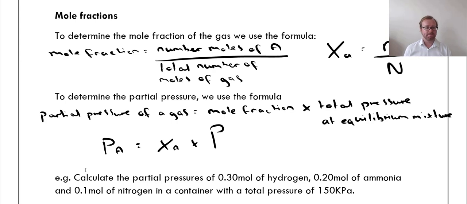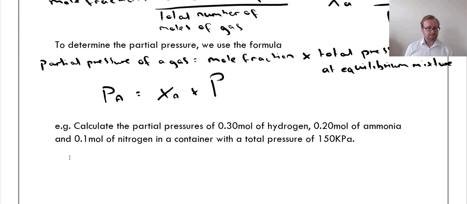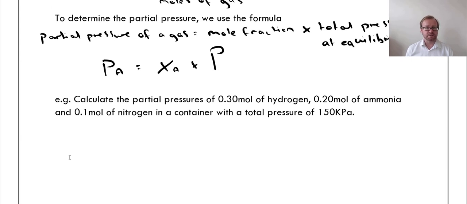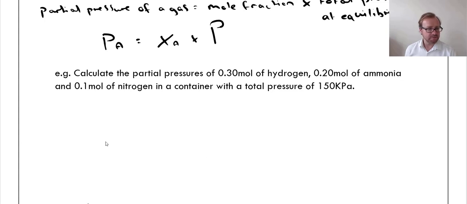Make sense so far? Okay, so I'd like you to have a go at doing this yourself, see how you get on. I assume it's quite straightforward. Calculate the partial pressures of 0.3 moles of hydrogen, 0.2 moles of ammonia, and 0.1 moles of nitrogen in a container with a total pressure of 150 kPa.